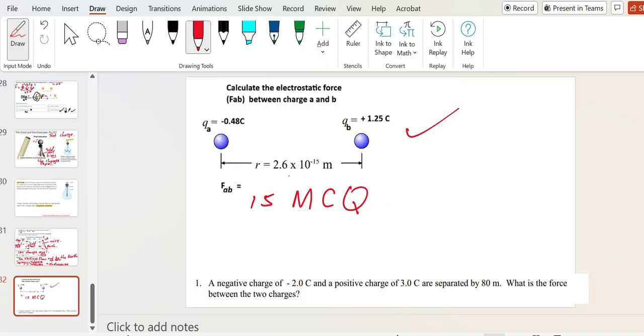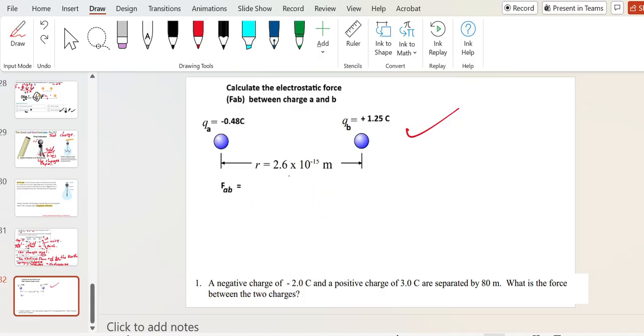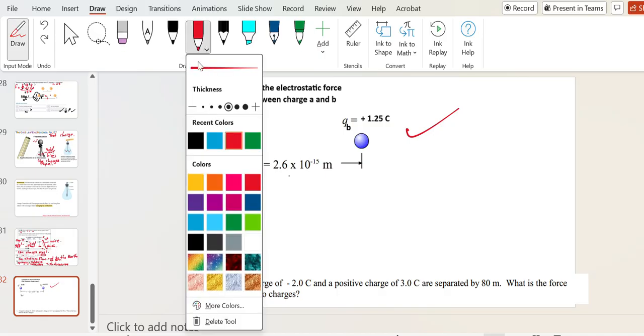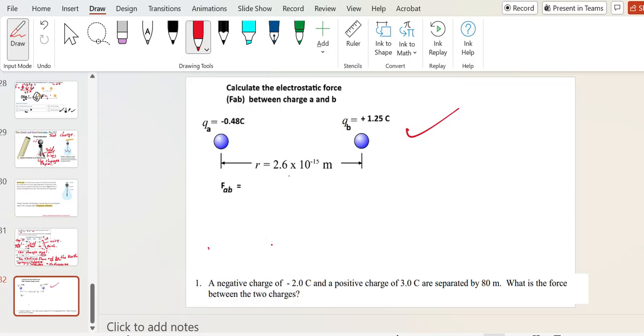Let me write on another slide. I said there will be 15 multiple choice questions times 4, 60 marks.